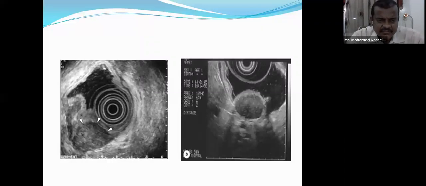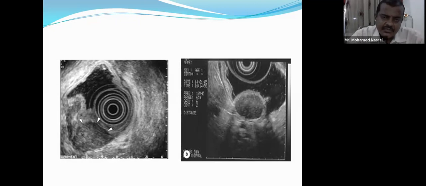And if it is more or less heterogeneous with irregular margins and irregular extensions, it can give you a clue that this tumor is of malignant behavior.